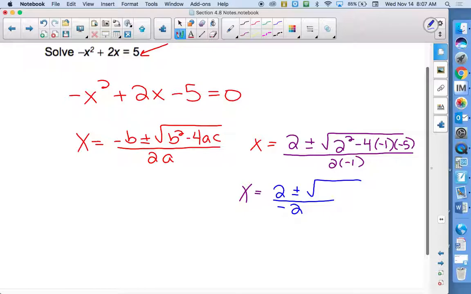So underneath we have 2 squared minus 4 times -1 times -5.